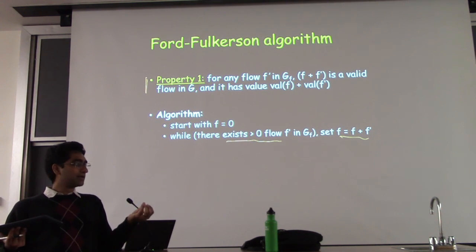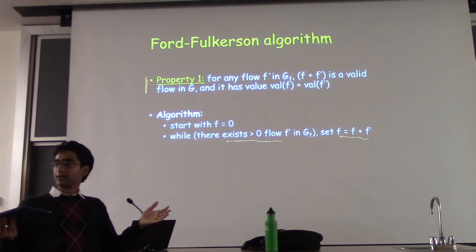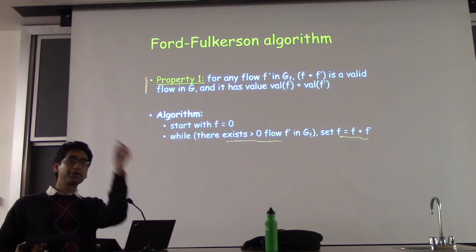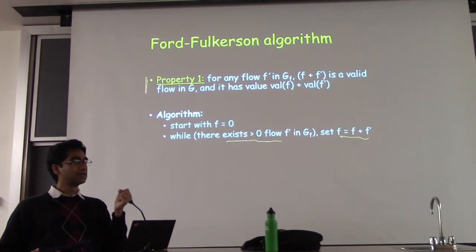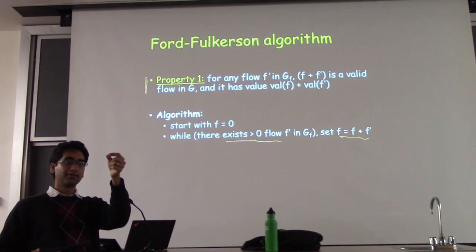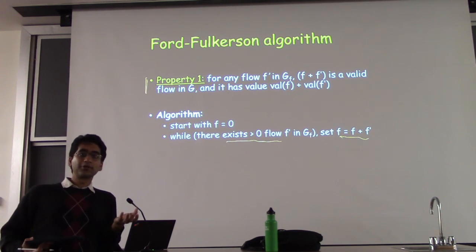Suppose all the weights are integers, and I tell you there is at least one unit of flow you can send from S to T. How would you do that? You just do a breadth first search. Yeah, you do a breadth first search and you find just one path. And if there is no path, then there is no way there could exist a flow.